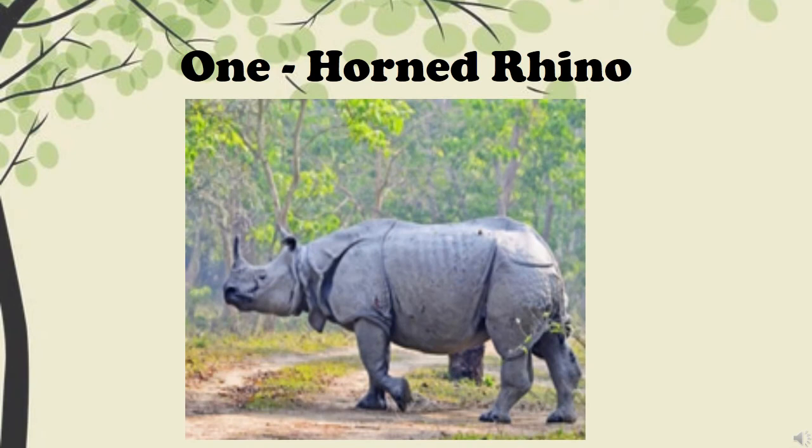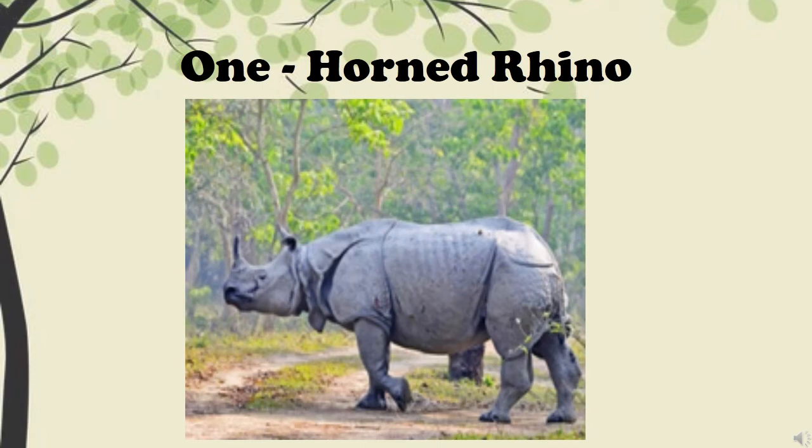This is one-horned rhino. The Indian state of Assam is home to the largest population of greater one-horned rhinos, with more than 90% found in Kaziranga National Park. Students, this greater one-horned rhino is commonly found in Nepal, Bhutan, Pakistan, and in India in Assam.